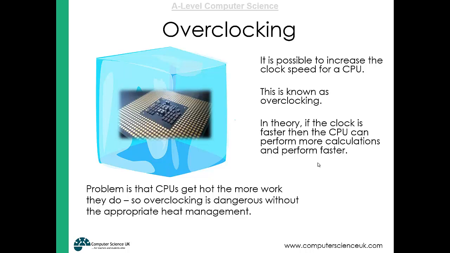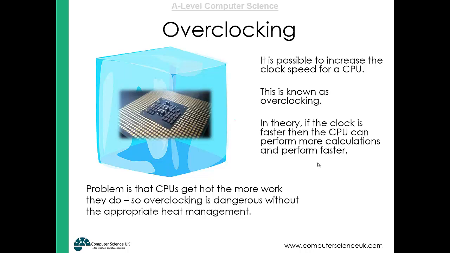The other thing is that if you overclock a CPU, the rest of the devices may not fall into the same synchronization. It's been designed to work at a certain speed. If you get it too quickly, you're probably going to have a few glitches along the way, okay? And the CPU won't be able to perform instructions before the rest of the devices have actually completed what they need to do.